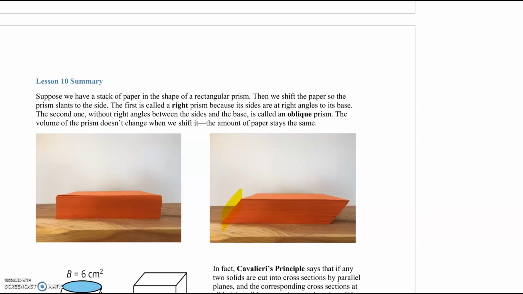And notice the stack here on the left is a right rectangular prism, right? The one on the right-hand side here is oblique, because that height falls outside. I can draw a height that's outside.